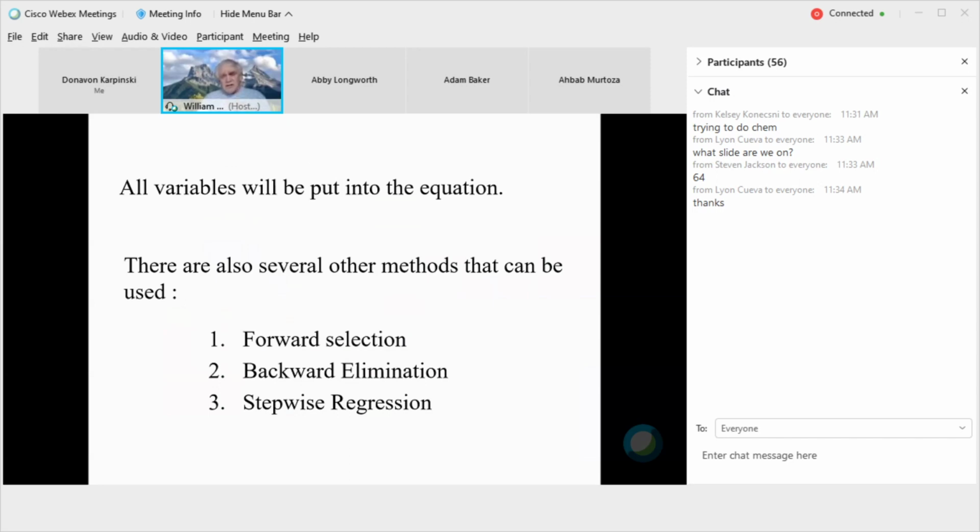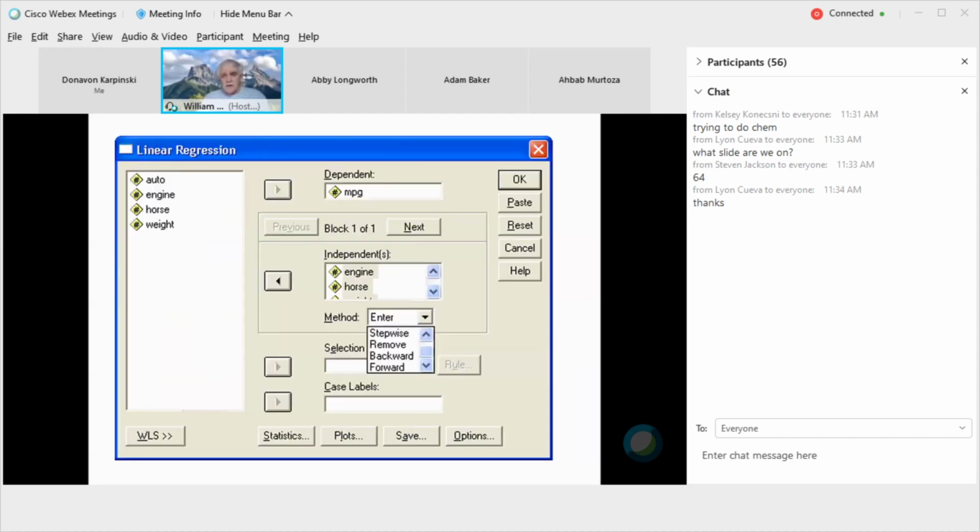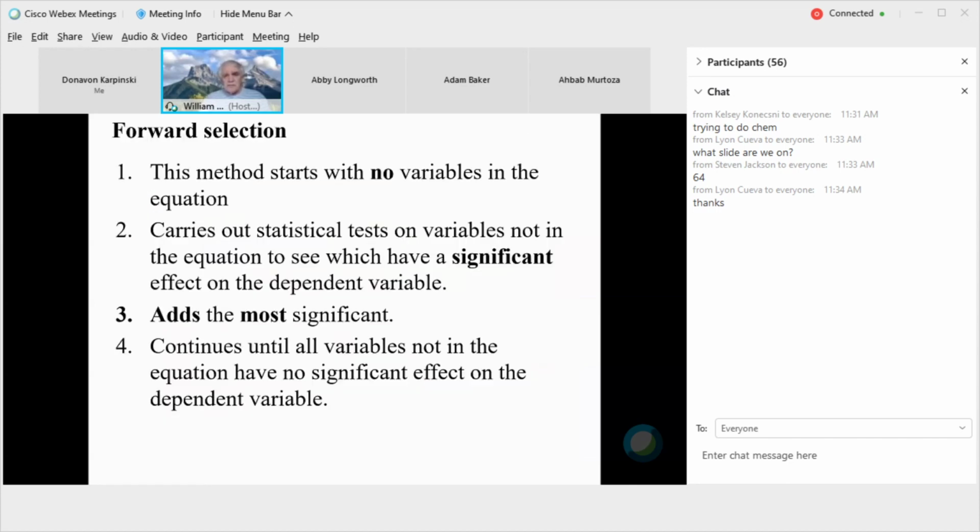It'll start with nothing in, add variables, but after it's added a variable, it'll use backward elimination to see if any of the variables added at earlier steps can be removed. If you click on the method, you can select these methods: Enter, Stepwise, Backward, Forward.